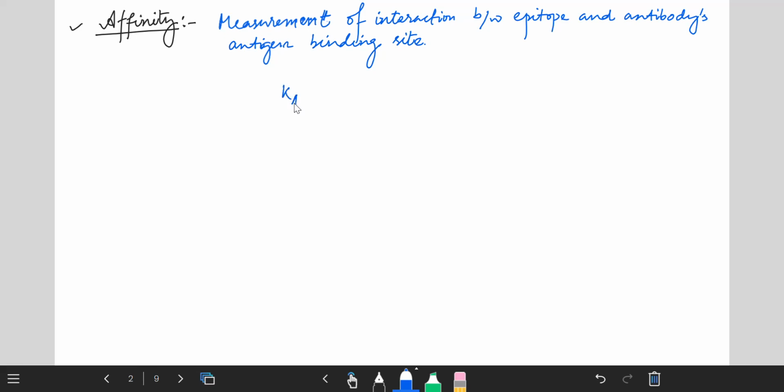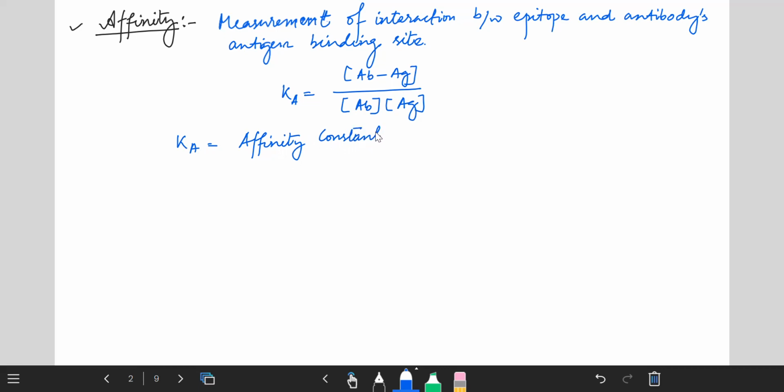One mathematical formula which expresses the affinity is Ka equal to antigen antibody concentration divided by antibody into antigen concentration, where Ka is the affinity constant and Ag-Ab concentration is the molar concentration of antibody antigen complex formation.